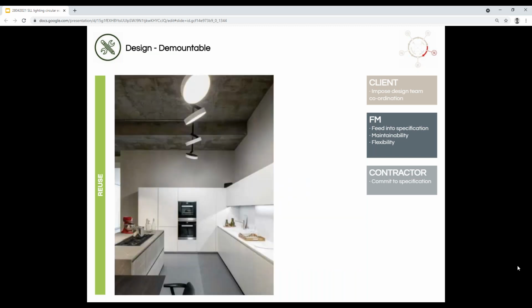Next slide, please. And then demountable design. This is becoming one of the other key principles of circular design, is actually making it disaggregated from the fabric of the building, because if you embed it within the fabric, then it's much harder to actually remove it and to reuse it. And this is counter to decades of my design experience, where we're always trying to embed light into the fabric, hide it, light without light fittings.